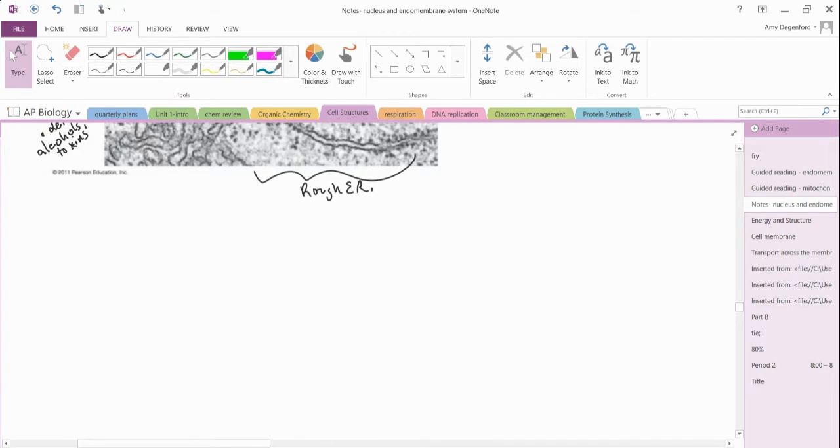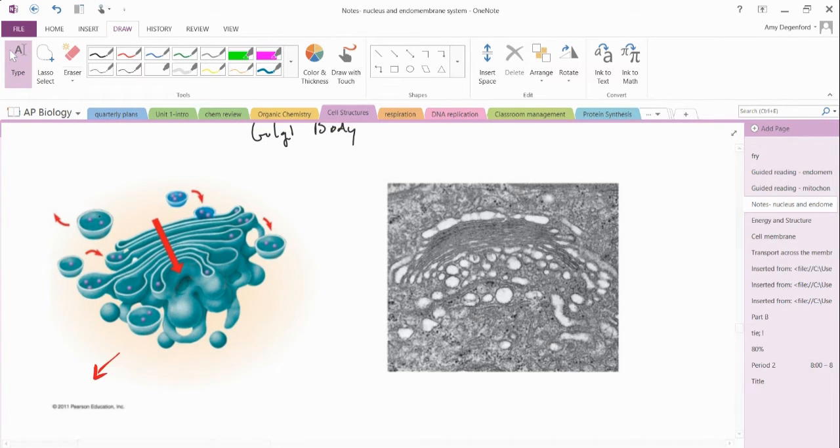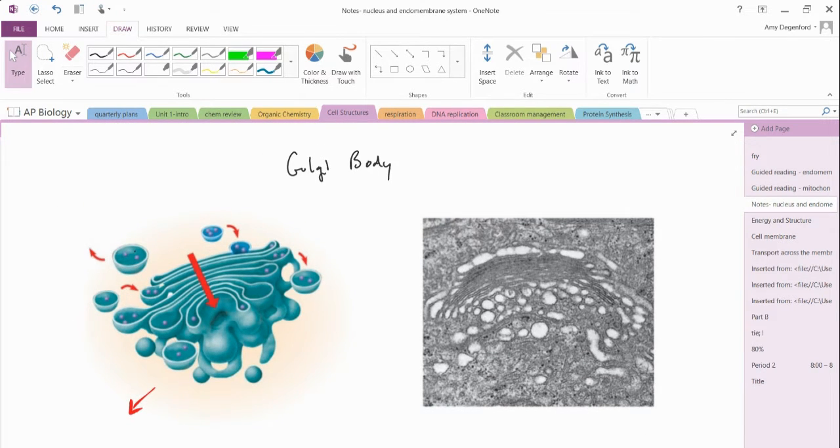So here we're going to really finish that up. Now the Golgi body is where the last step is. What happens in the Golgi body is you have further modifications to the proteins.